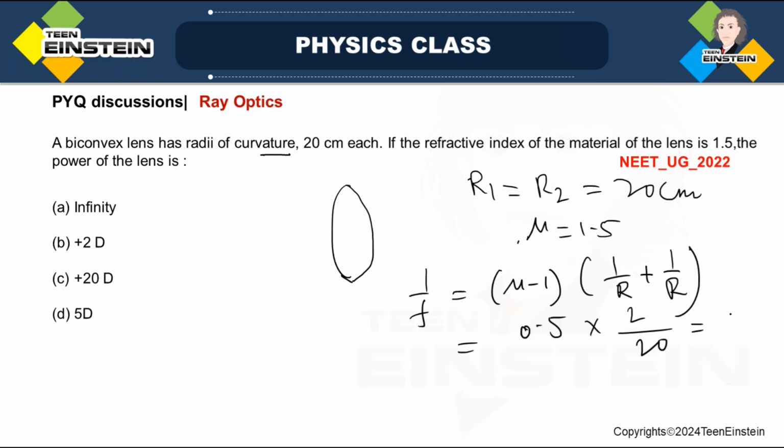See here, we know 1 over f from the lens maker's formula, in this case 1 over 20, right? So this is per centimeter. I have to find out the power in diopter. So we have to multiply by 100 to make it per meter.